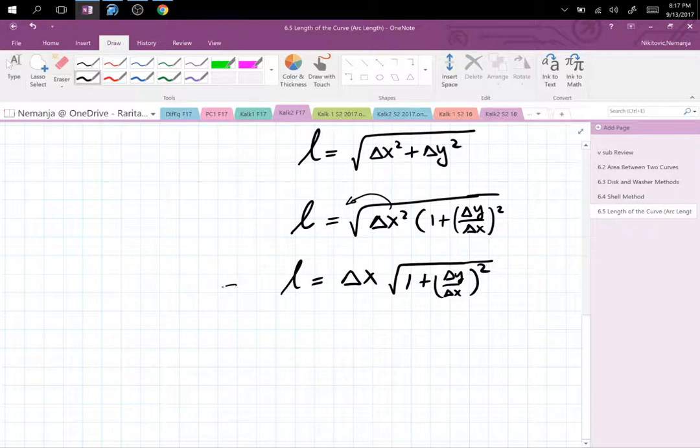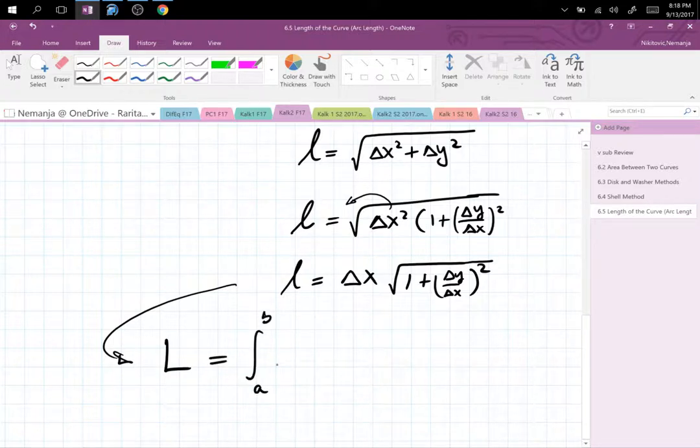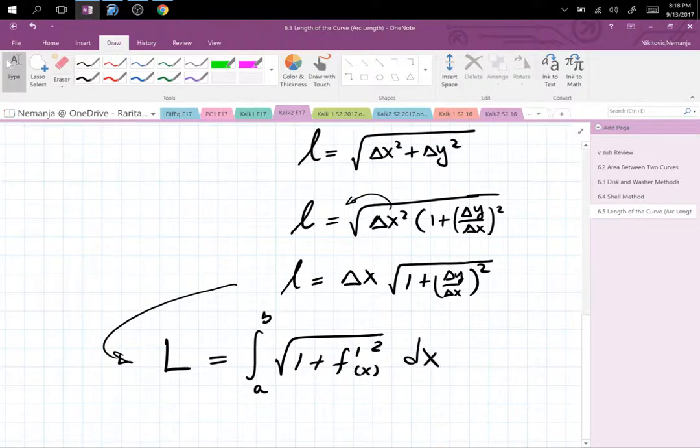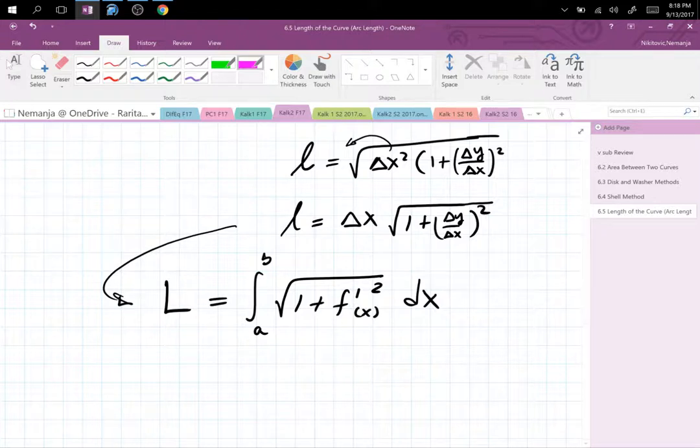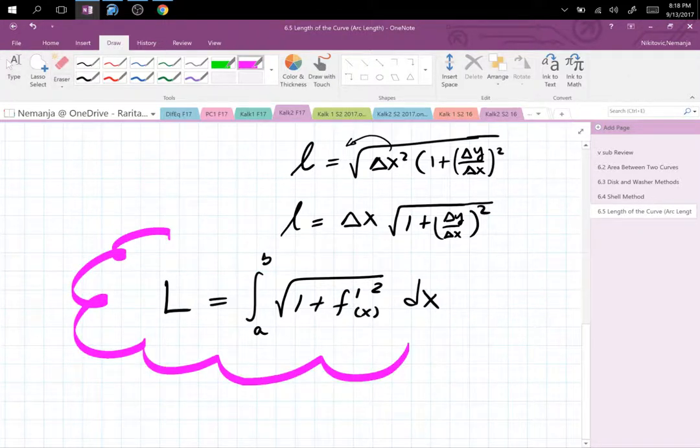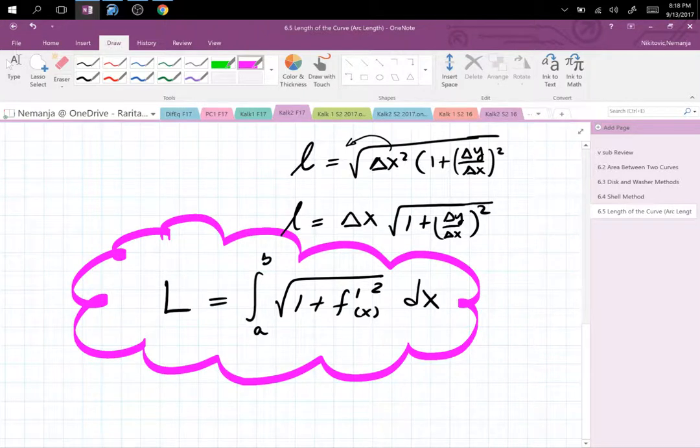So it's very quick to see that the sum of all of these small parts becomes the integral from a to b of the square root of 1 plus f prime squared dx. This formula is your length of the curve. So, arc length.